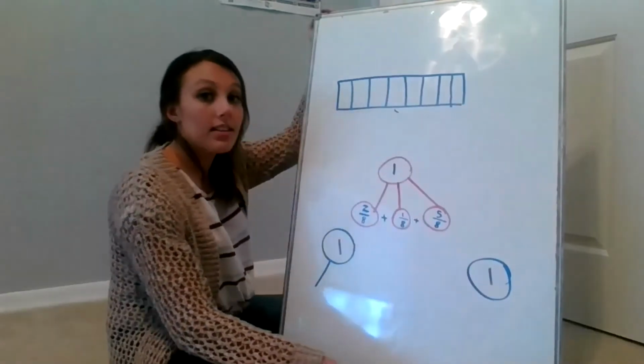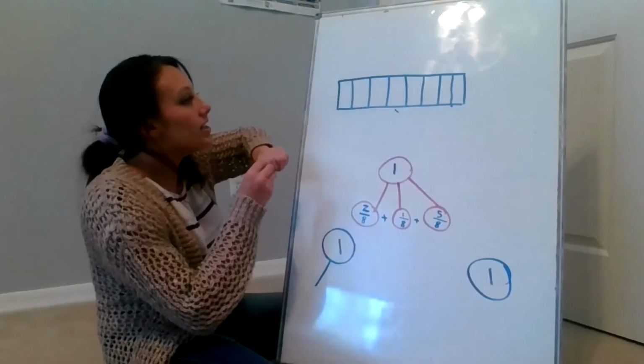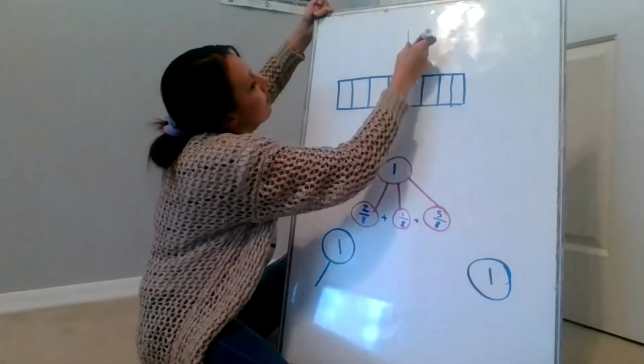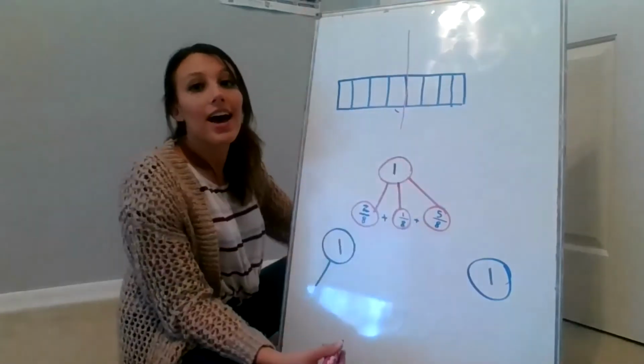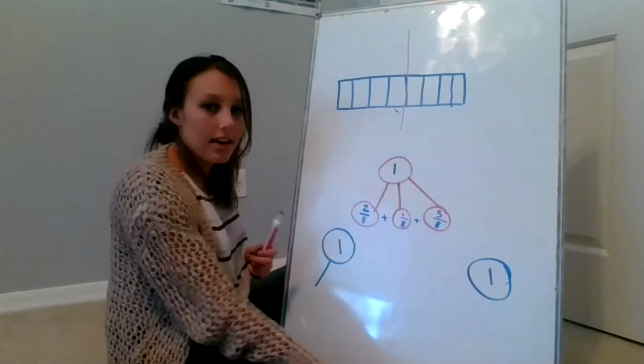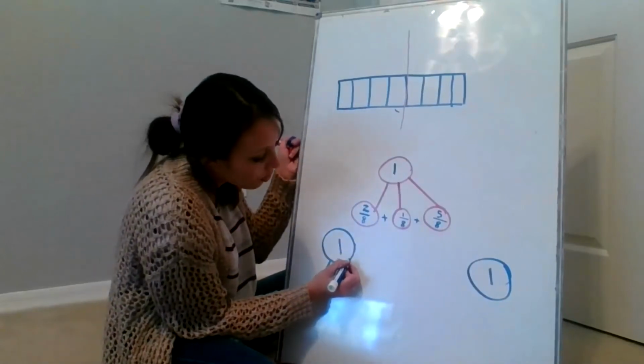What if we decided to divide this bar diagram in half, right? If I divided this in half, I would draw a line right about here, because that's half of my bar diagram. So I'm going to draw 2 bonds down here, because we're going to say 2 numbers added together equal a whole.